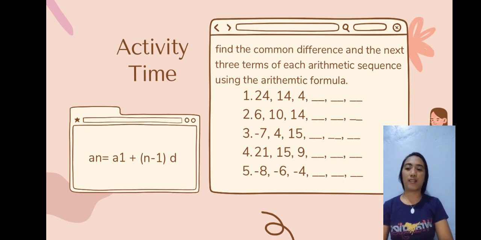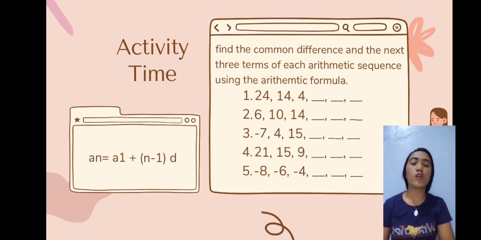So now for our activity, we will find the common difference and the next 3 terms of each arithmetic sequence using the arithmetic formula. So, in number 1, we have 24, 14, 4, and so on and so forth.